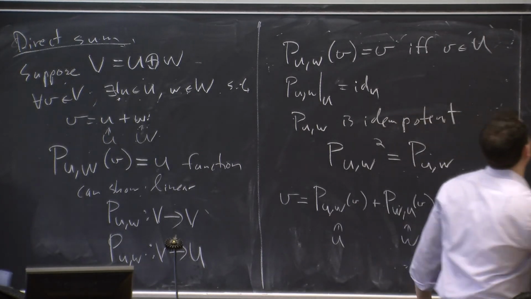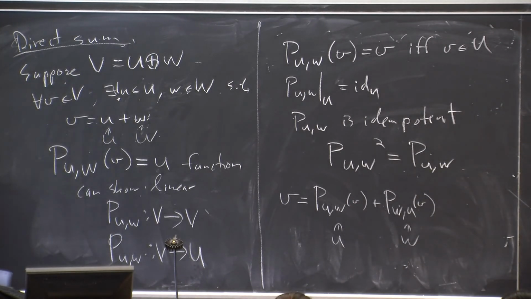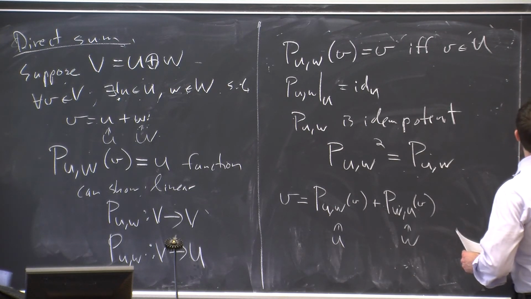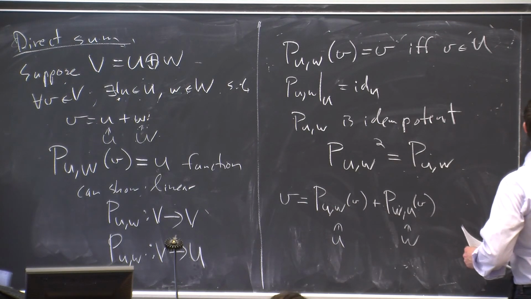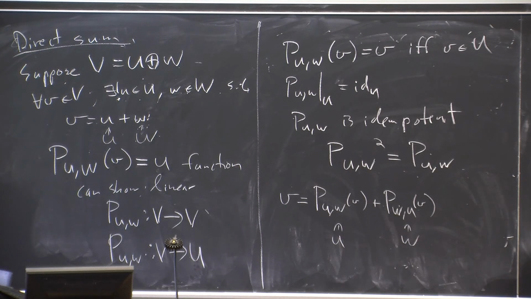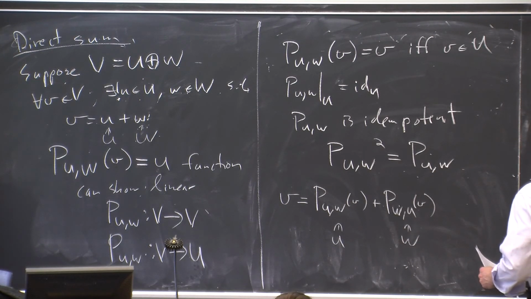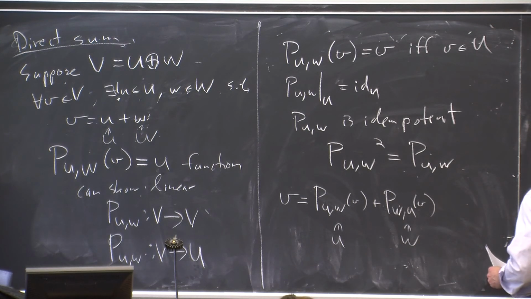And other observations about projection operators: we already mentioned that the range of P_UW is U. We can also say that P_UW as a map from V to U is surjective.